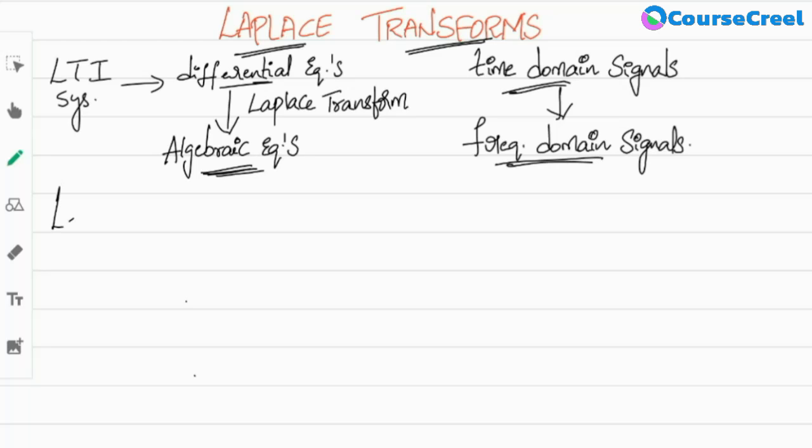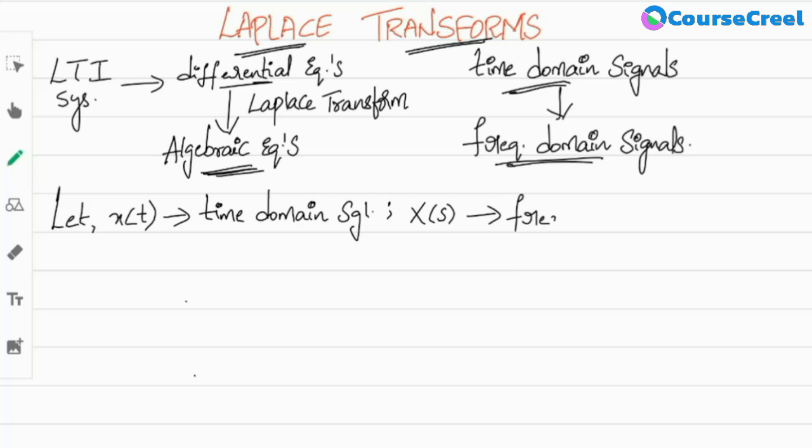Let us consider x of t be the time domain signal and x of s be the frequency domain signal.